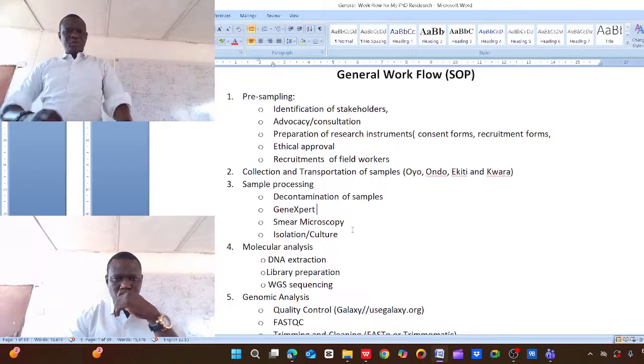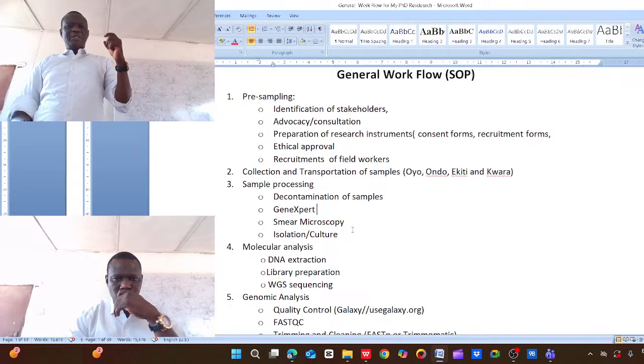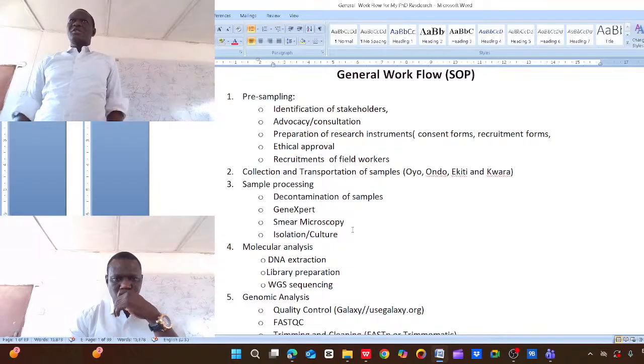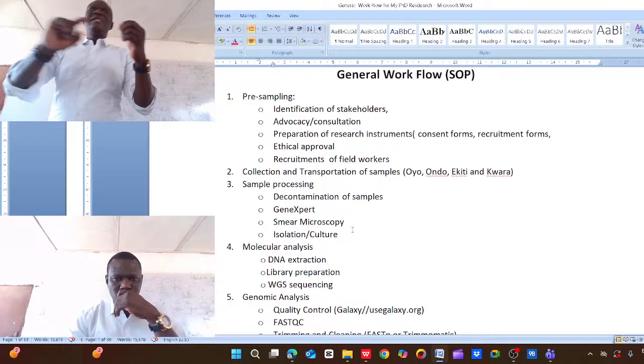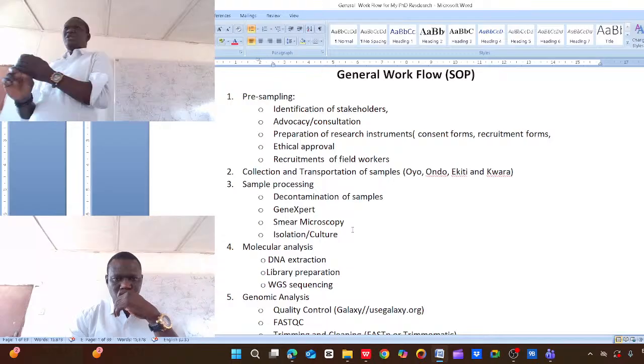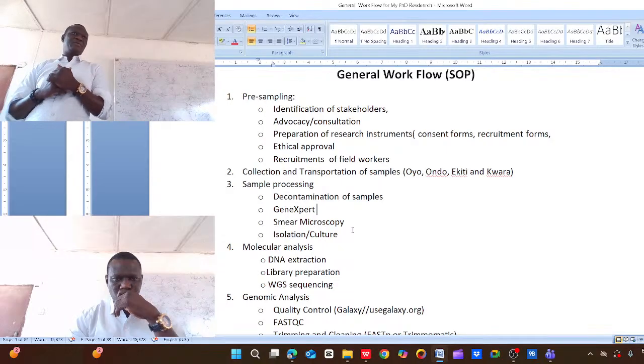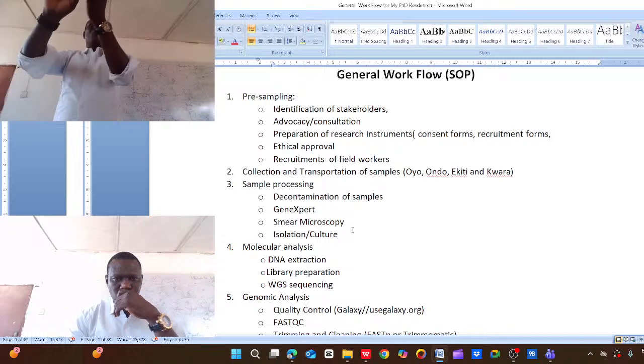So the first step is going to be DNA extraction. After that DNA extraction, the next one, which I did not put, is what is called polymerase chain reaction, PCR technique. What does polymerase chain reaction do? Number one, what PCR does is to amplify.